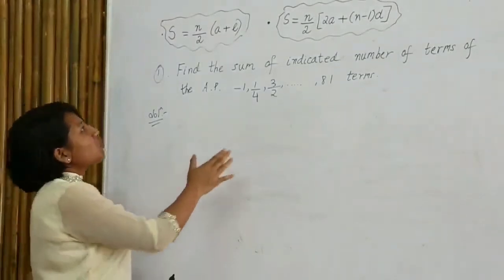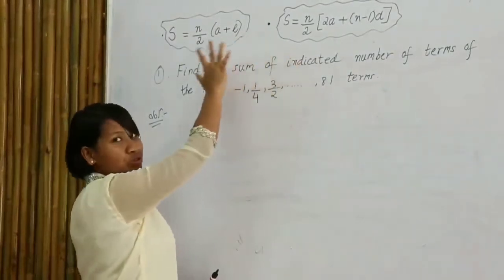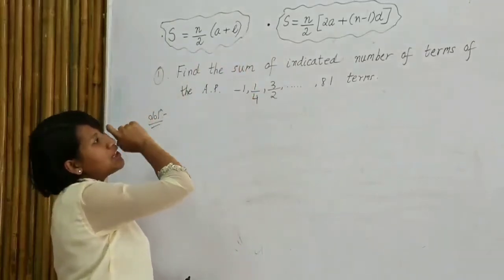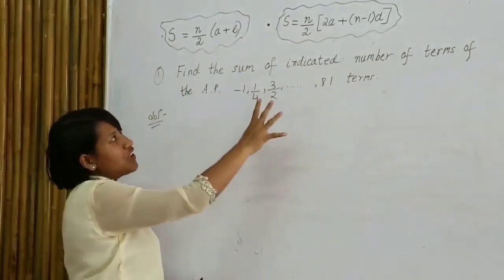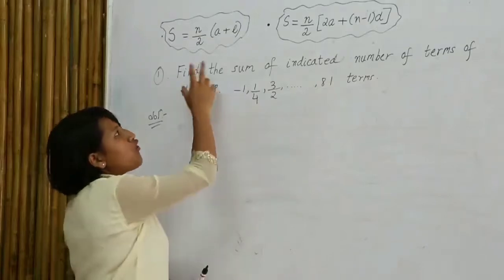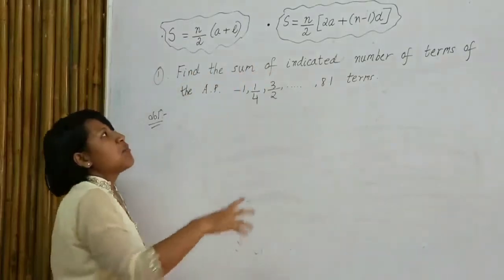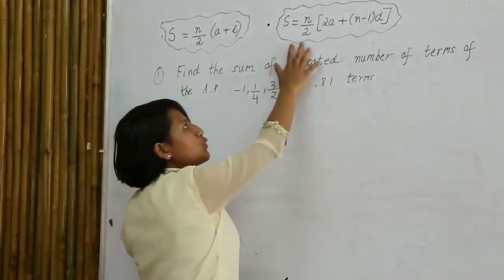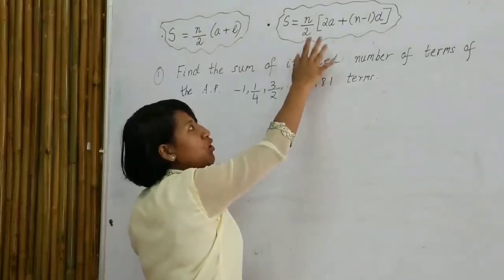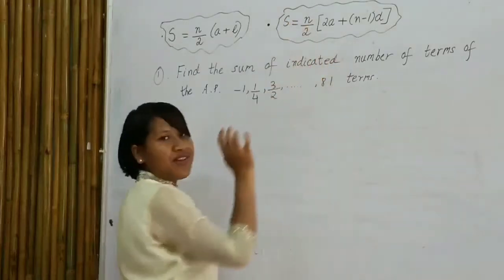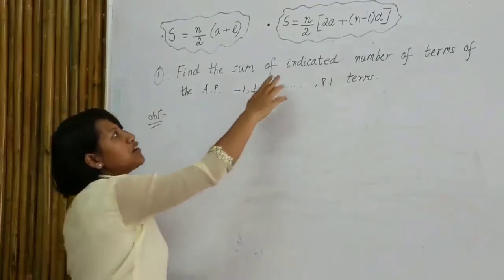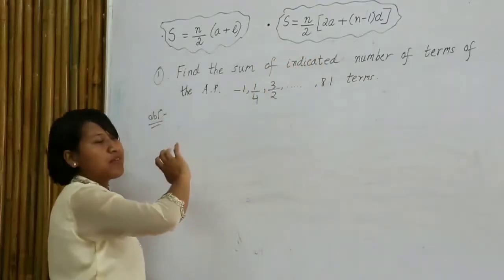We'll keep in mind these two formulas. Then we'll read the question and know which formula we have to use. But I'll tell you, usually we use this formula. Both are important, but usually we use this one.